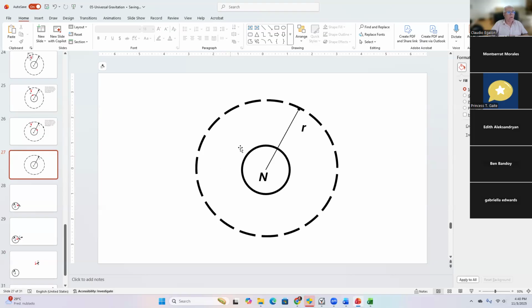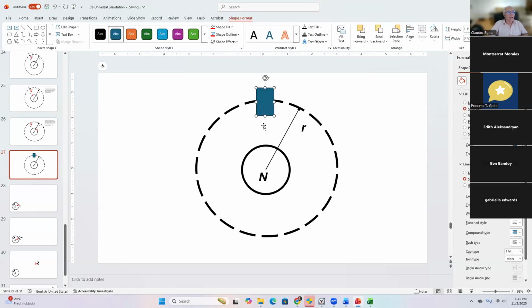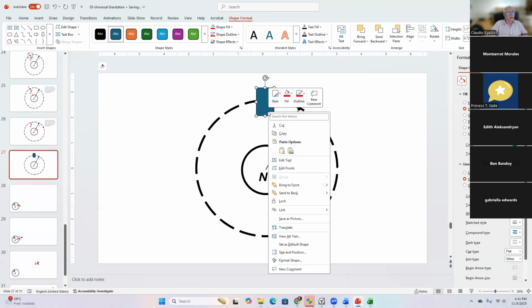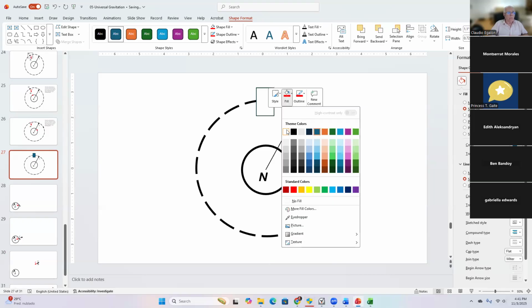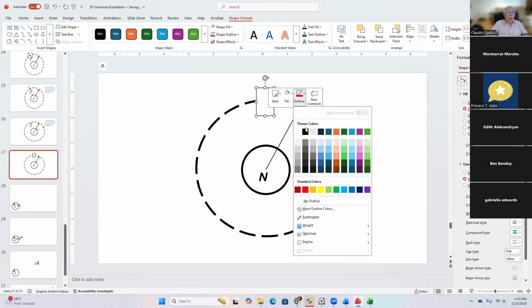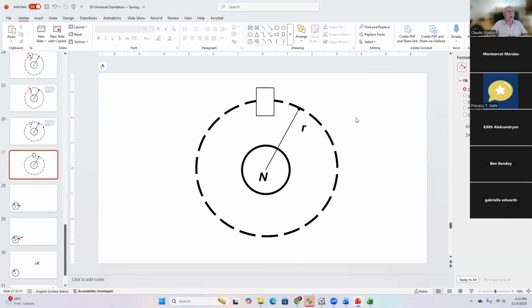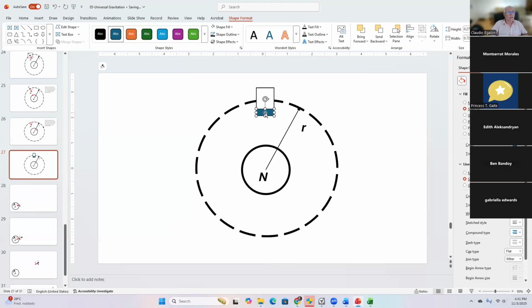Here you go. Radius R, North Pole. I'm going to draw my elevator right in here, my elevator in low Earth orbit. Black, okay. And I'm going to put my scale inside my elevator. Here you go, that's the scale.